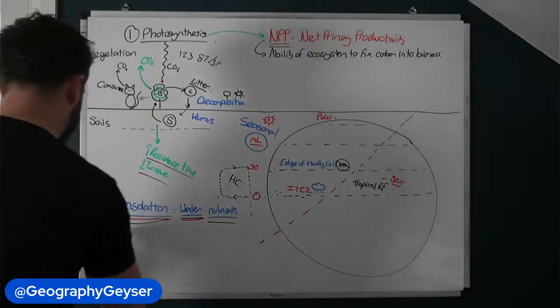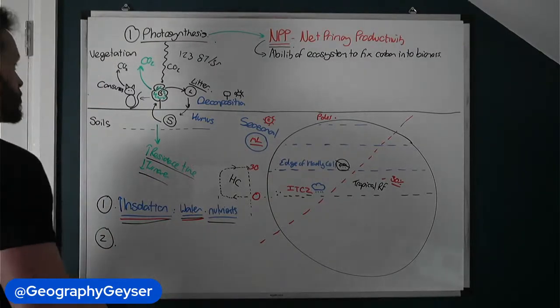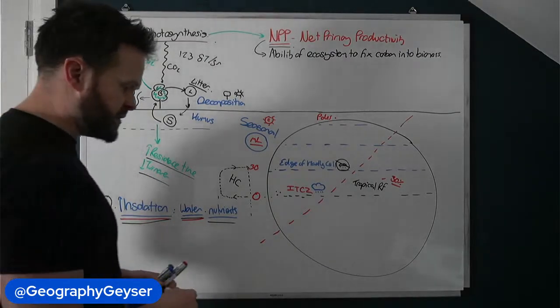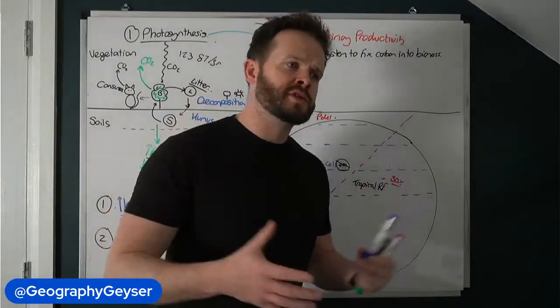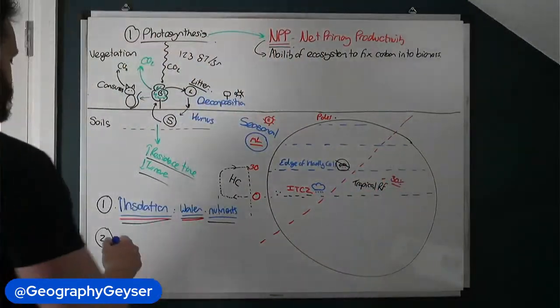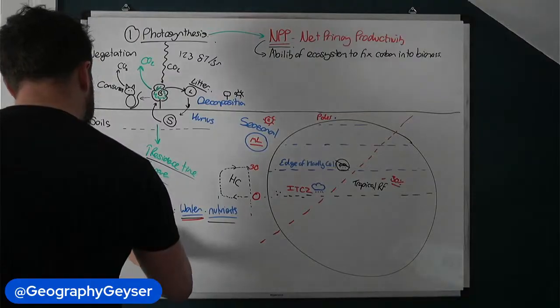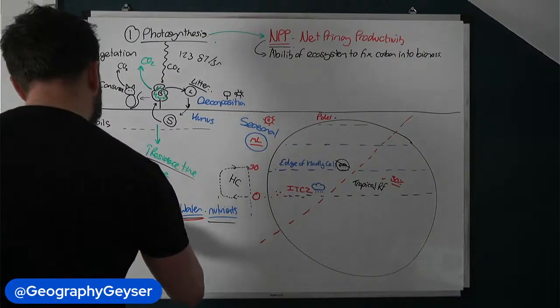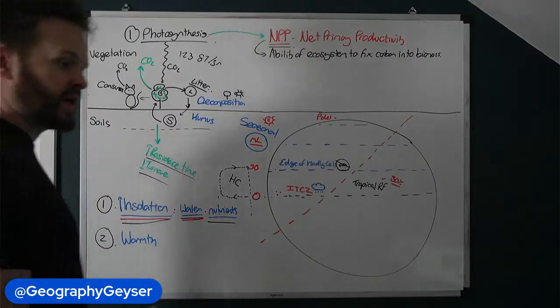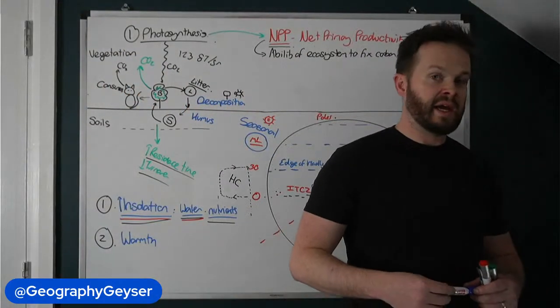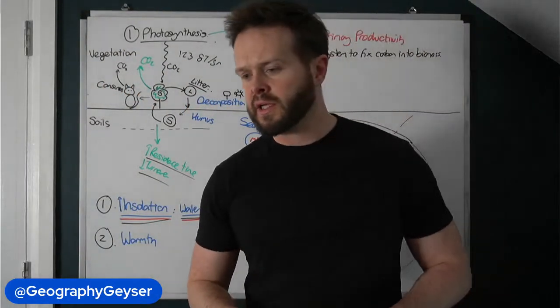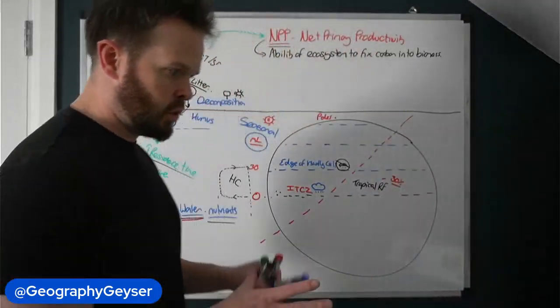Right, the second thing that we talk about is decomposition. So what's needed for decomposition? With decomposition, slightly different conditions. Rather than say sun, we need warmth, okay? So for decomposition to take place, it's not the case that you need sunlight. You just need warmth, yeah?